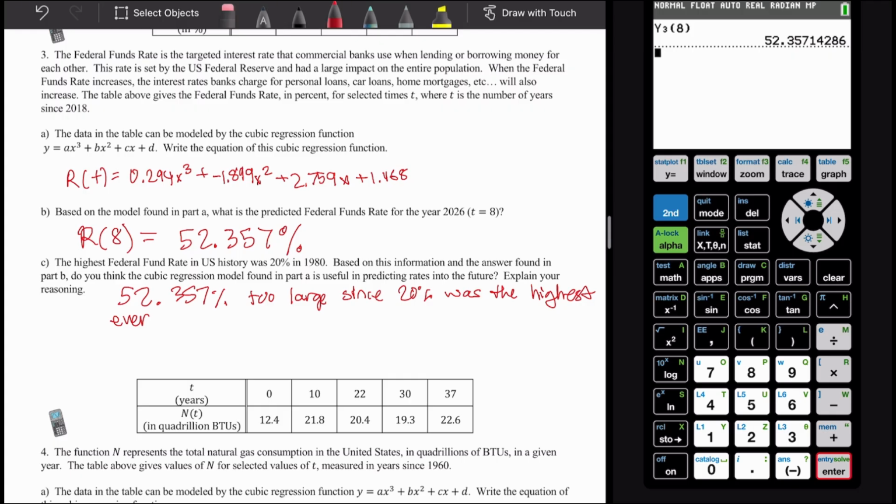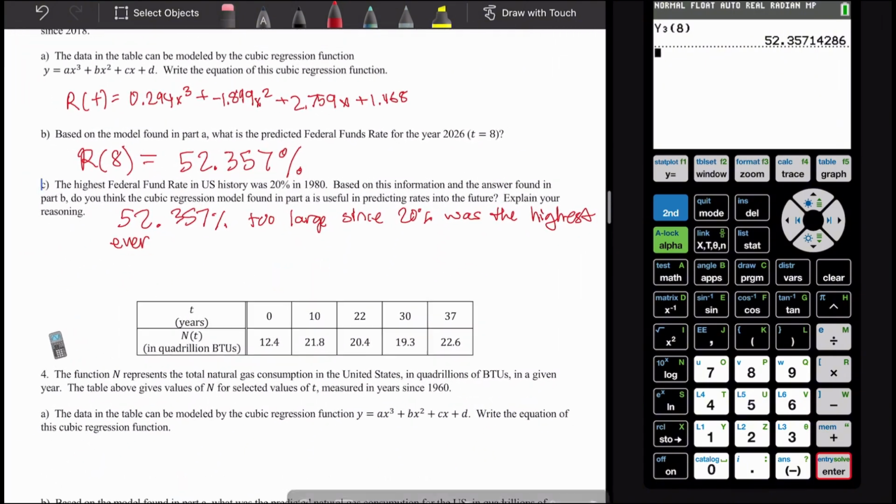So you can say something like, the answer found in part B for this cubic regression is not very useful because our part B answer, which was 52%, was too large since the highest ever was only at 20%. And so there's no way it could have gone to 52%. So it's probably an answer like that.